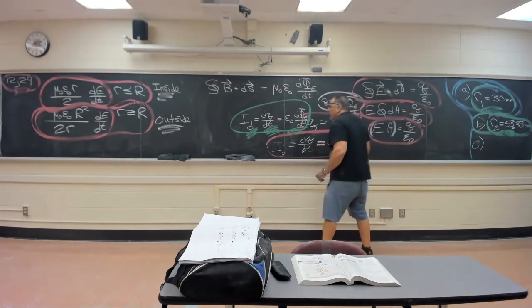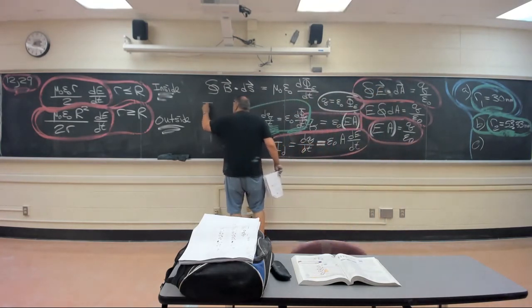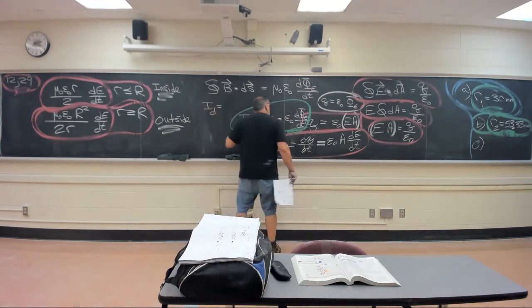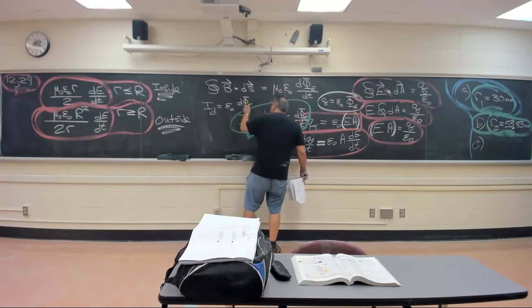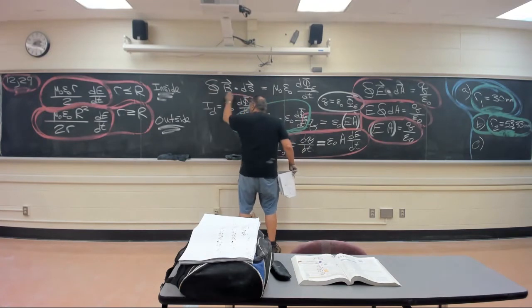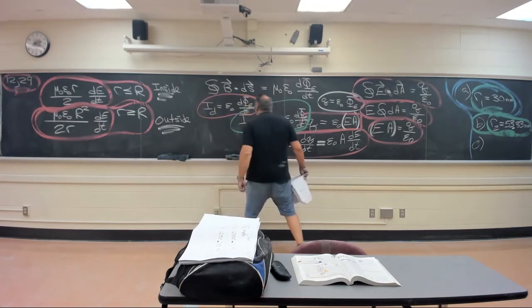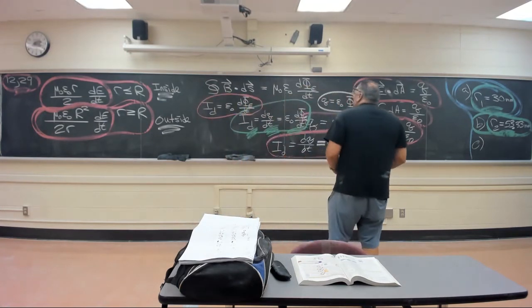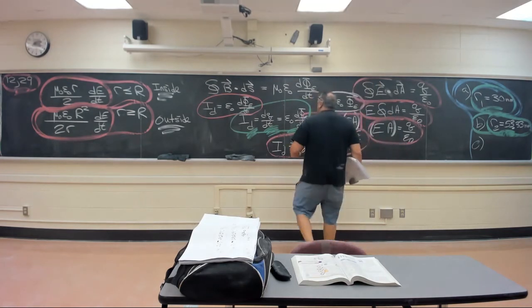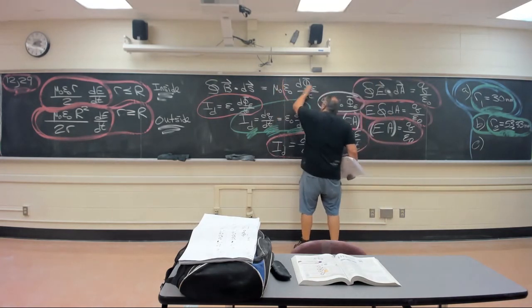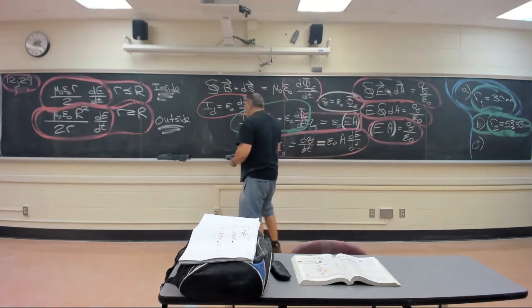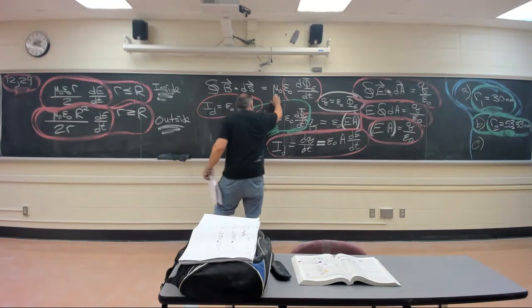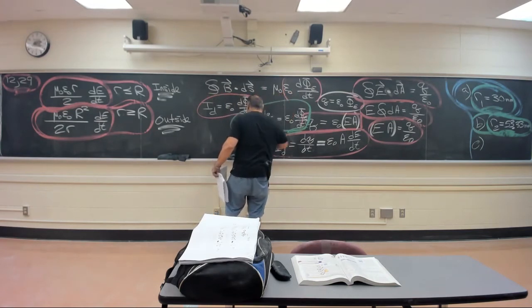So in other words, I sub d equals epsilon naught d phi e dt. Yeah, okay. That's mu 0 I sub d.